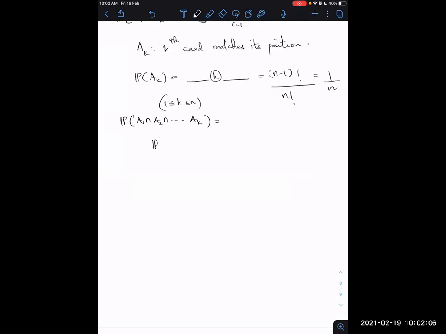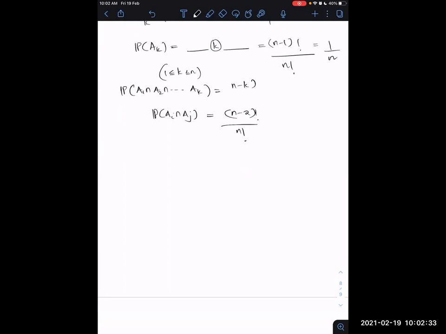Okay, let's just look at the simple case of 2 event intersections, A_i intersection A_j, which means that the card i is in the ith position and the card j is in the jth position. So you fix 2 positions and you have n minus 2 positions to permute over. And similarly, you have the denominator as this.